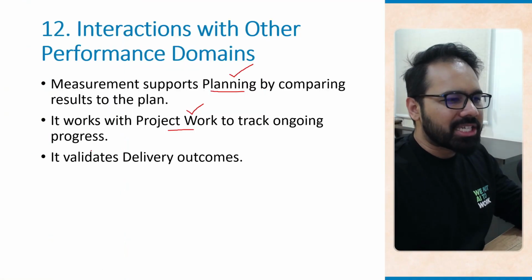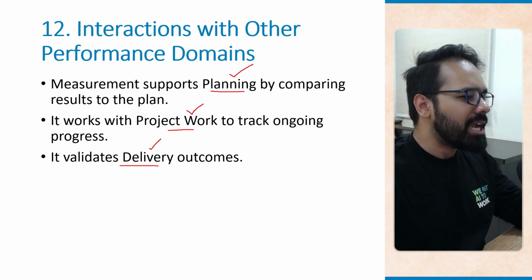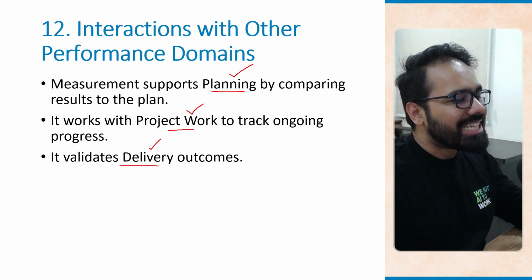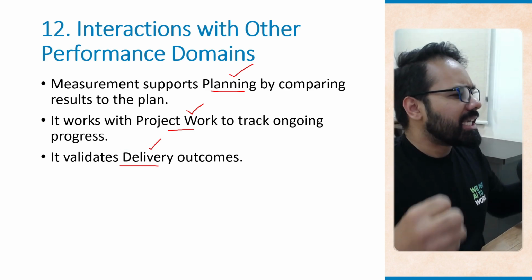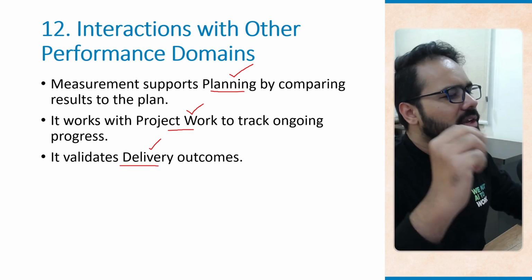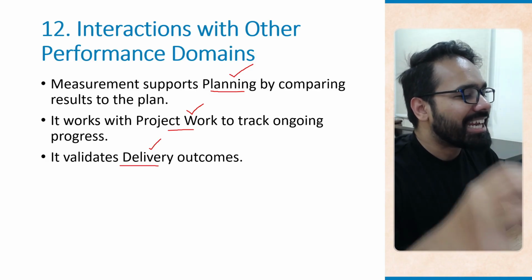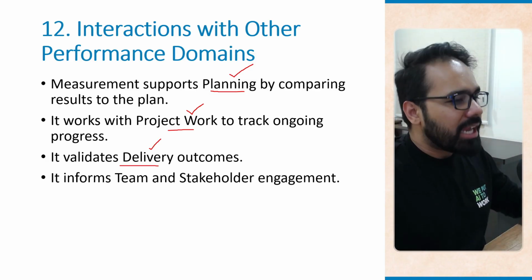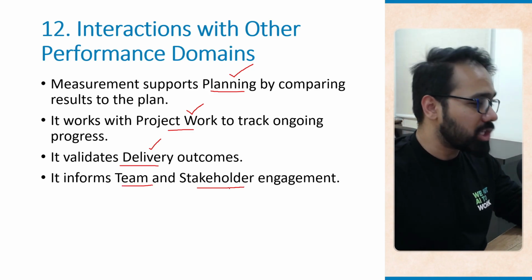It validates delivery outcomes. So delivery is another performance domain and measurement validates the outcomes of delivery. Business metrics such as increased sales confirm that project deliverables are achieving their intended purpose. It informs team and stakeholder engagement.